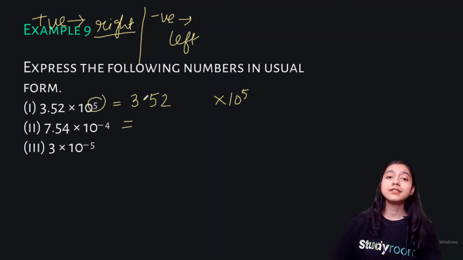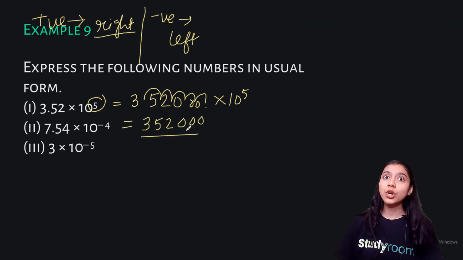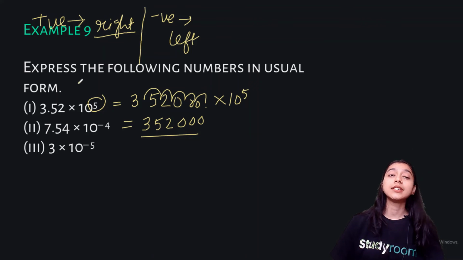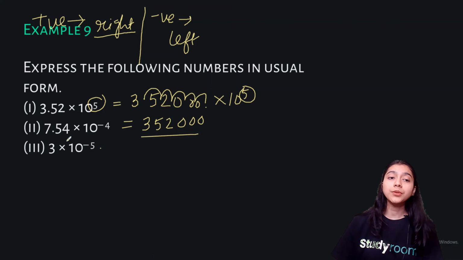So we shift this 1, 2, 3, 4, 5. We'll give the decimal point over here and these gaps will be filled with 0. So we have the answer as 352000. What we did is, we simply shifted the decimal place towards the right because this exponent was positive. Now let us try doing the next problem, that is problem number 2.